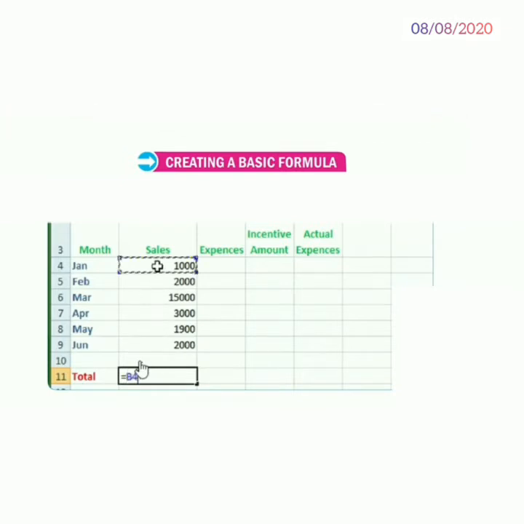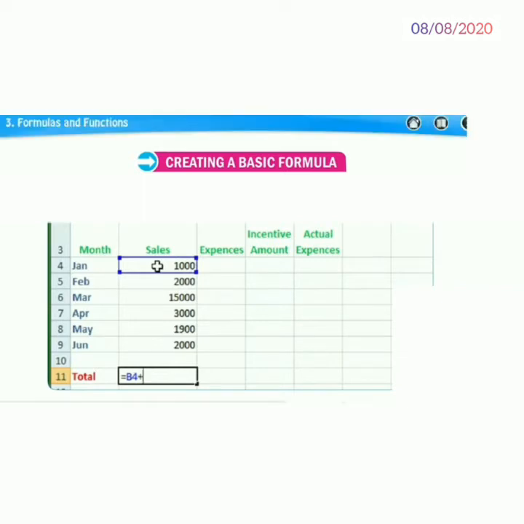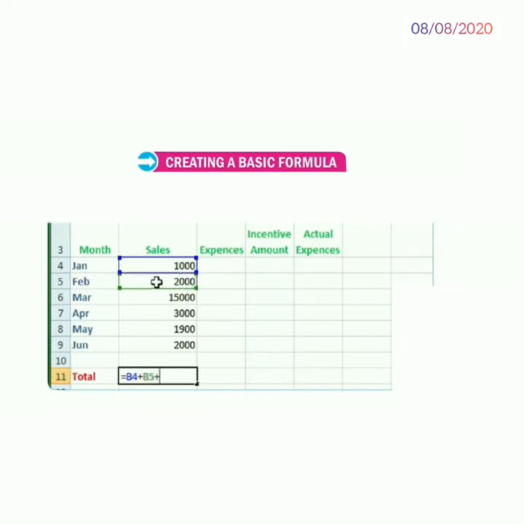Now click on B4. The address will appear in B11. Now type the plus symbol. Further repeat the steps till B9, or type equal to B4 plus B5 plus B6 plus B7 plus B8 plus B9 in the cell B11.